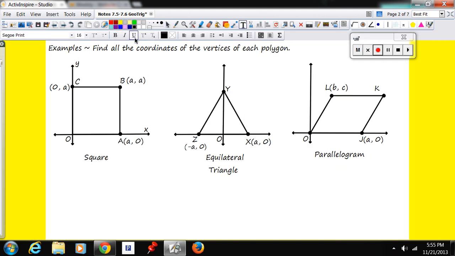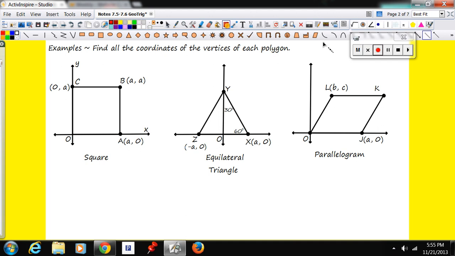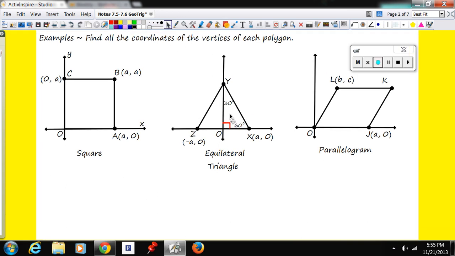So basically what we would have then is a 30 degree angle there. We'd have our 60 degrees here. And then of course this one is our right angle right here. So you'd have a 30, 60, 90 right triangle.